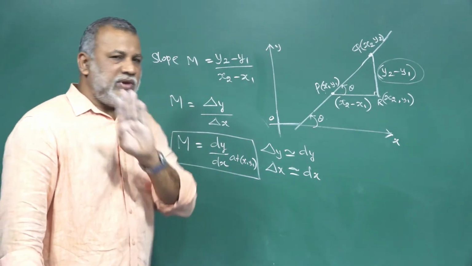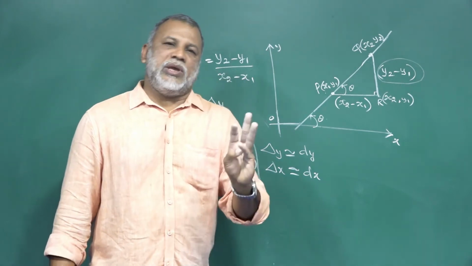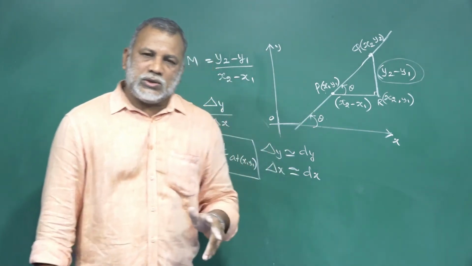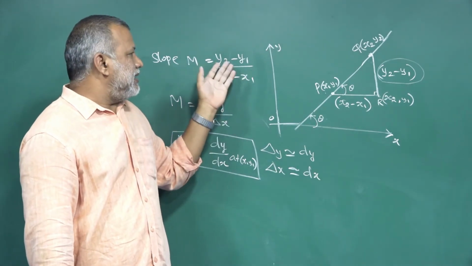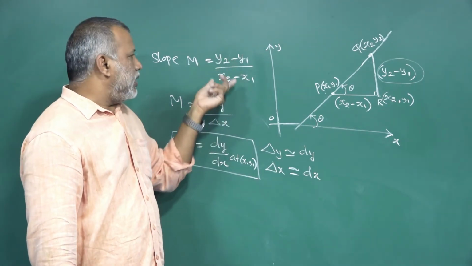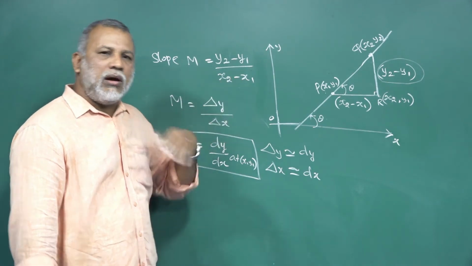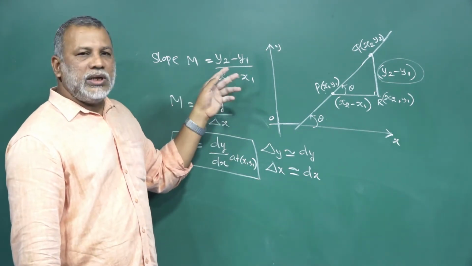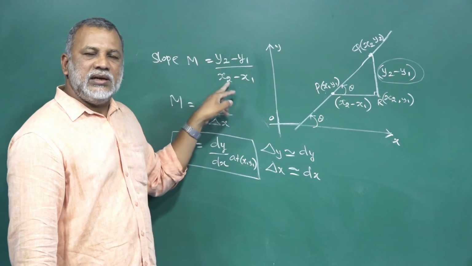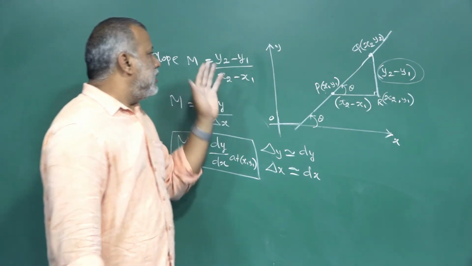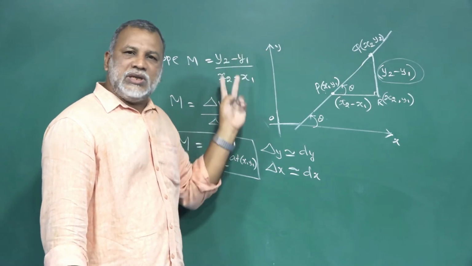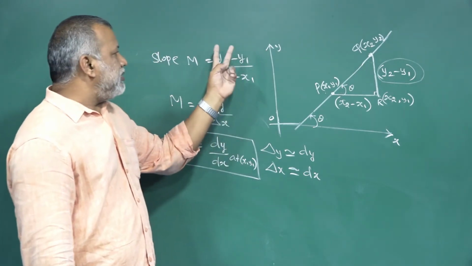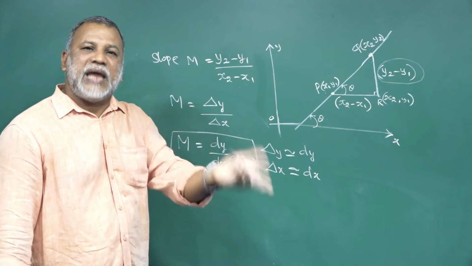Therefore, from this we have three formulas. Slope m equals tan theta. Another one, slope m equals y2 minus y1 divided by x2 minus x1. This is nothing but change in y coordinate divided by change in x coordinate, or you can say vertical change divided by horizontal change. Then it is the ratio between opposite and adjacent, which is nothing but tan theta.